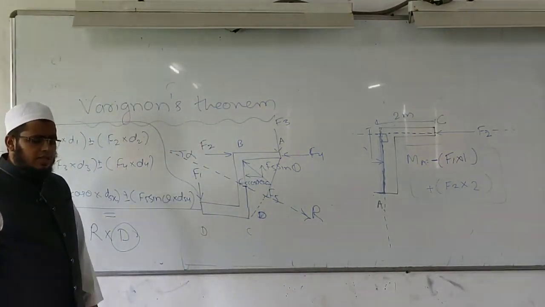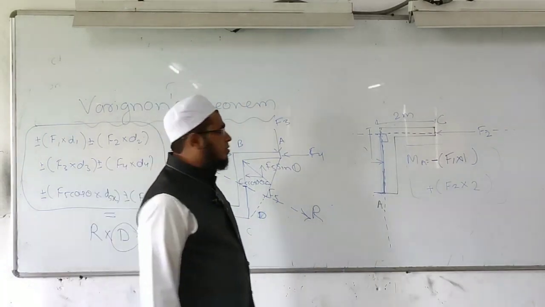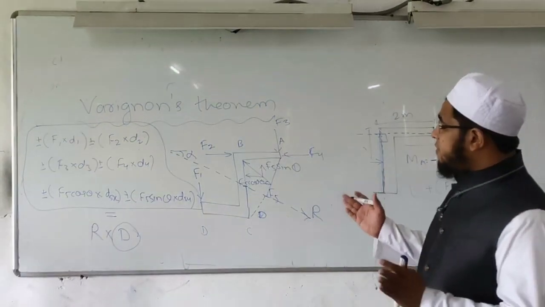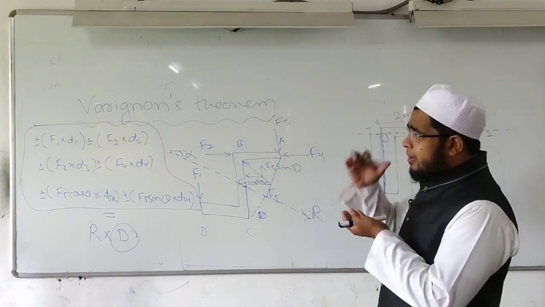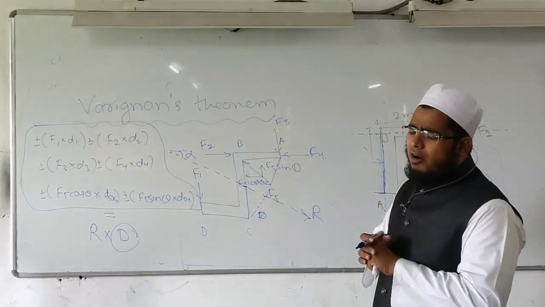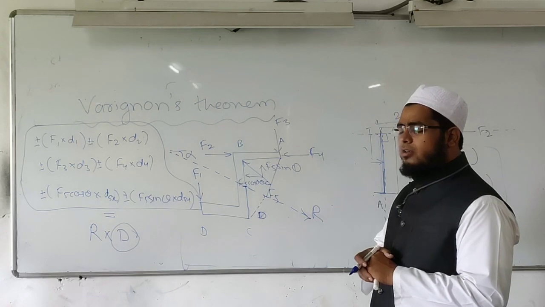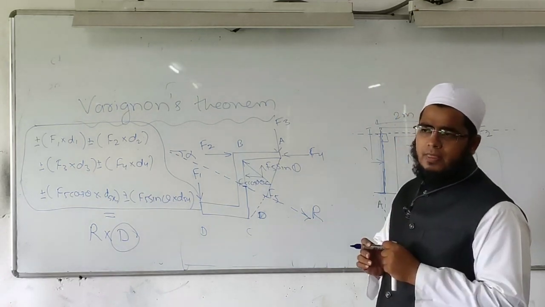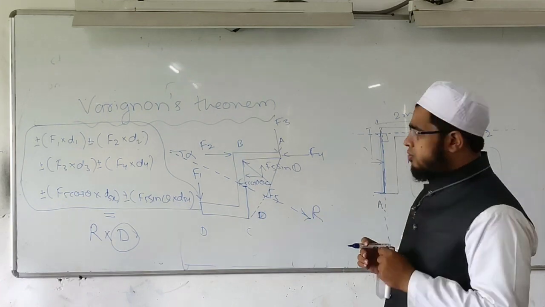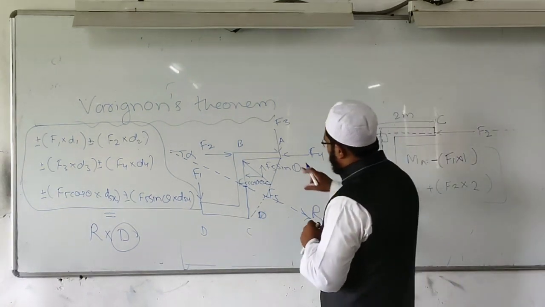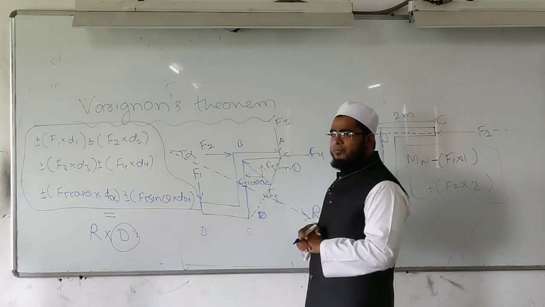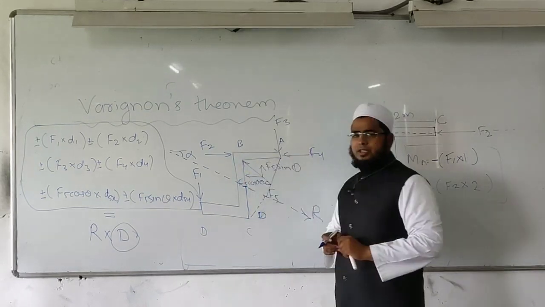So the significance of the moment principle or Varignon's theorem is that we can easily find the perpendicular distance of the resultant of a non-concurrent force system from the moment center. We have to keep in mind, if I require the perpendicular distance from point B, then I will consider B as the moment center.